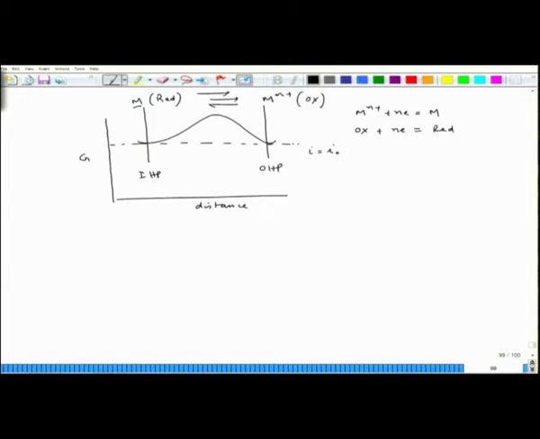Why? Because if I consider the rate, forward rate and backward rate, let us say this is my forward and this is my backward.